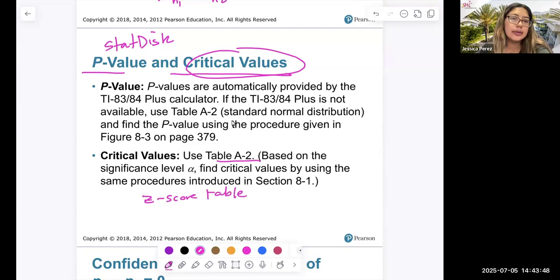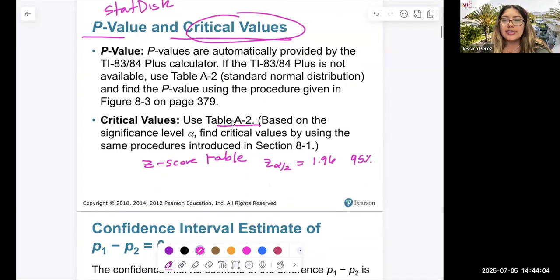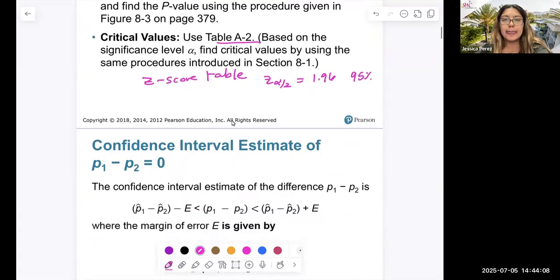We know how to use our Z-score table by now. Hopefully, we already know that Z of alpha over 2 is 1.96 for a 95% confidence level, and so on and so forth.